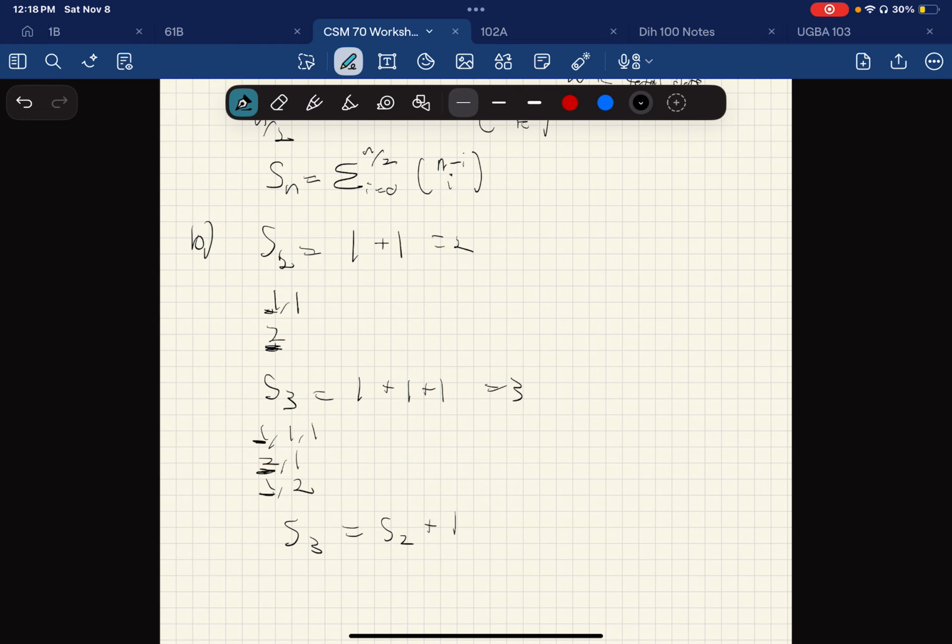And let's think about what this really means, right? S sub 2, in this case for S sub 3, represents the number of sequences that start with 1. And then this right here represents the number of ways that start with 2.